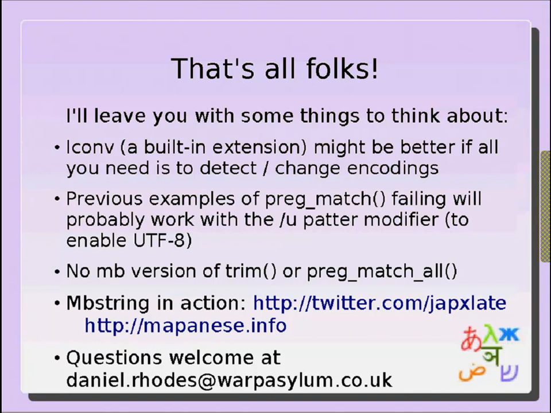Not every string-ish function will have an MB version. So it's possible that your favorite function doesn't have an mbstring equivalent, and you might have to work around it with different MB functions, or you might have to actually write your own function to do that. Not everything is covered.